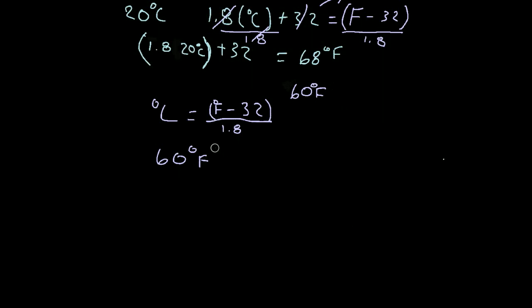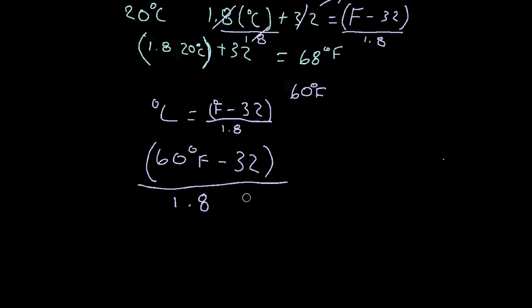60 degrees Fahrenheit, we're going to subtract 32 degrees and then divide that by 1.8. I know that's going to be 28, right? If I subtract 30 from 60 is 30, do another 2, and that's 28.